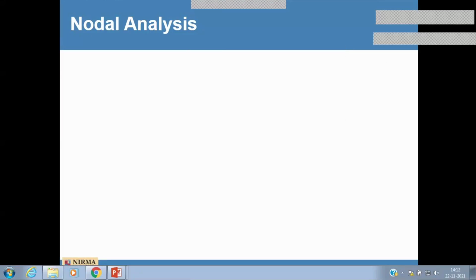Okay. So in the mesh analysis, we applied KVL, Kirchhoff's voltage law. Now here, in a network, we are going to identify the nodes.